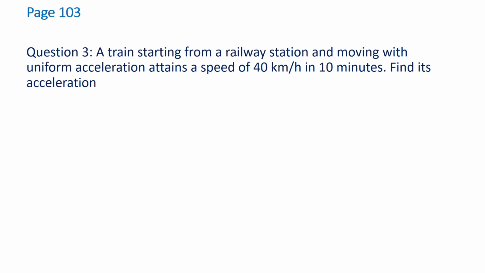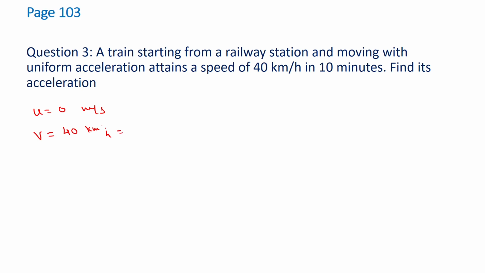A train starting from a railway station and moving with uniform acceleration attains a speed of 40 km per hour in 10 seconds. Find its acceleration. So the train is starting from the railway station, so the initial velocity is 0 meter per second. It's moving with uniform acceleration and the final velocity is 40 km per hour.